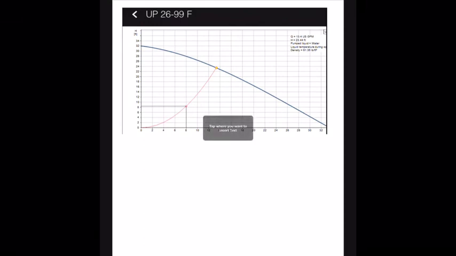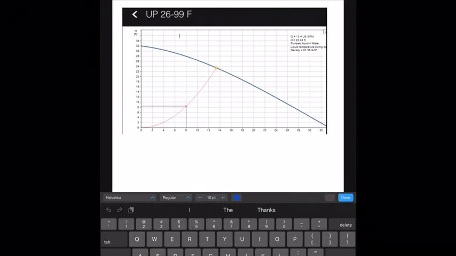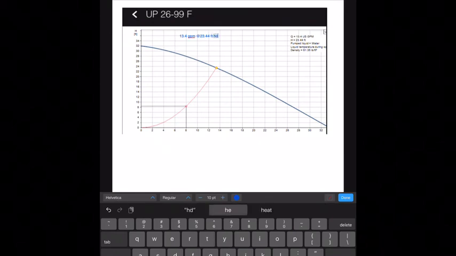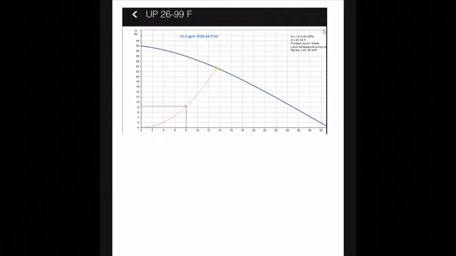Now I'm going to annotate this and identify it as problem number 2. Problem number 2, when I choose that particular pump, my GPM is going to jump up to about 13.4 GPM. And this will be at the feet of head, which will be 23.44 as identified. All right, so that would be how that would be done.